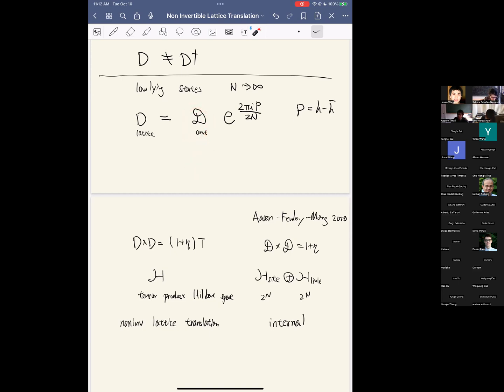And that kind of suggests that it's hard, if not impossible, to realize it on a tensor product Hilbert space completely internally. And the mixing with the lattice translation, I think is tied to that fact. But it really depends on a case-by-case study. You could also have examples where the quantum dimension is an integer, and yet it still mixes with lattice translation.